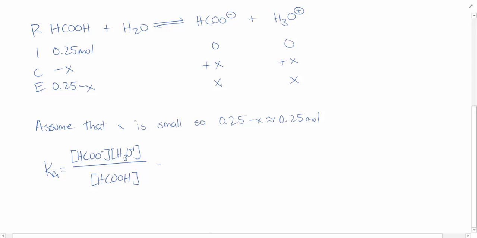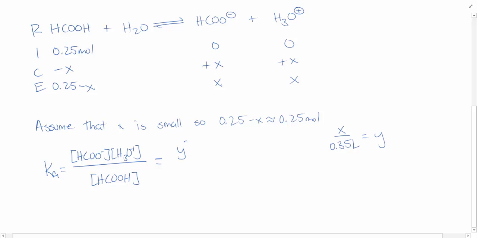So this is equal to our concentration of base. So I'm going to say the concentration of base is equal to X over this 0.35 liters. I'm just going to call that a new variable Y. And that's the exact same as the concentration for our H3O+.